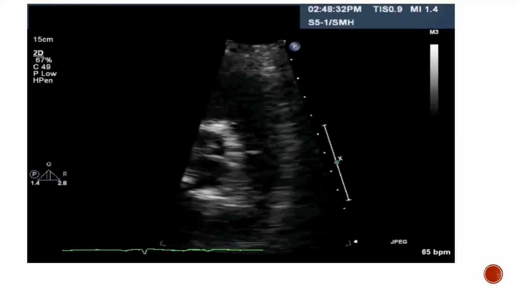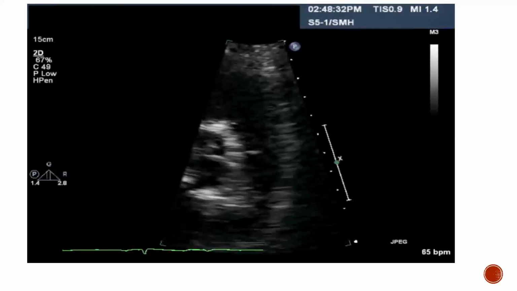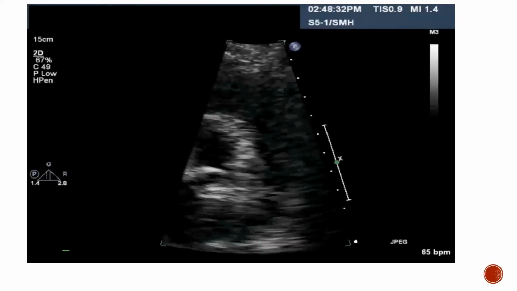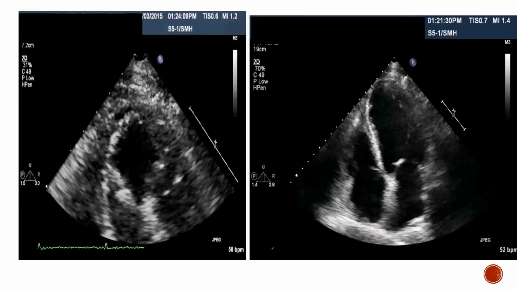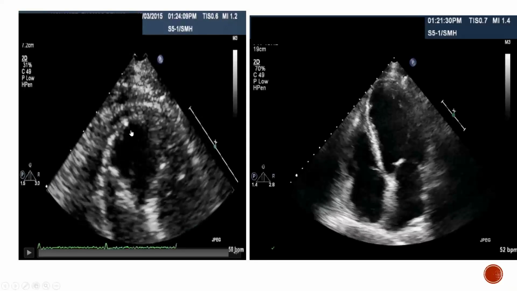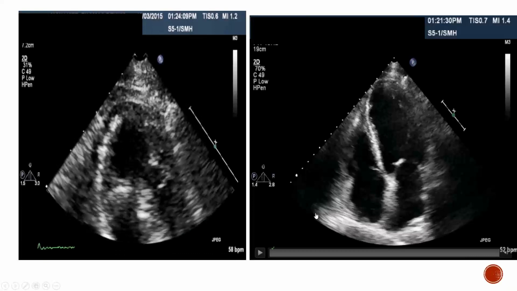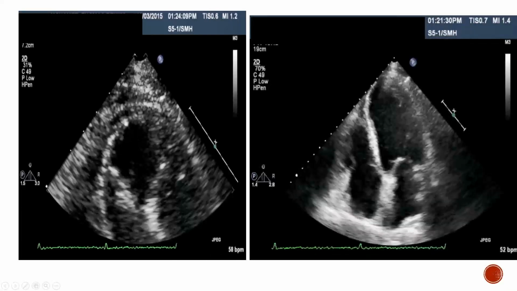Looking at the RVOT, you can see that the mass is not there anymore, and the pulmonary valve is normal. Looking at the apex also, there is no more apical thrombus in multiple views, and LV function is almost back to normal.